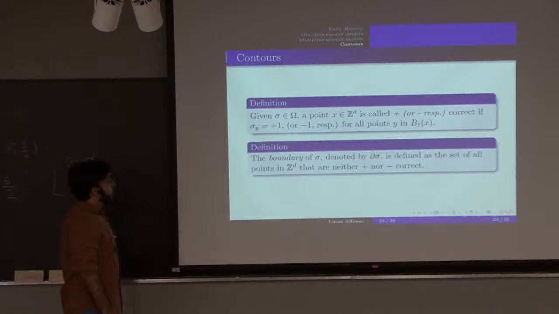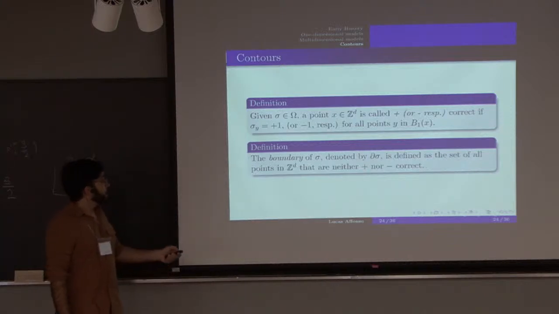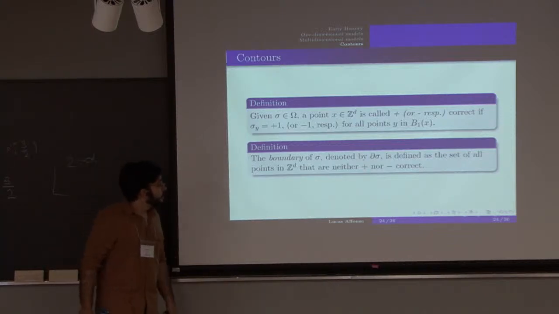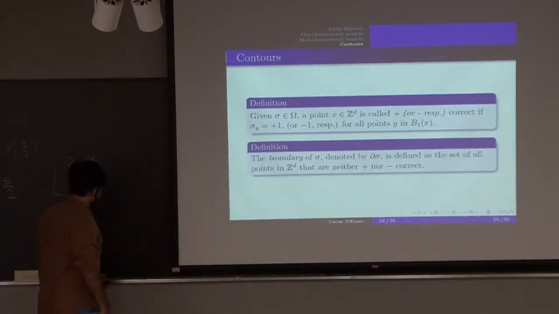And the boundary of a configuration, now a subset of Z^d, will be all the points in Z^d that are neither plus nor minus correct for the configuration sigma.